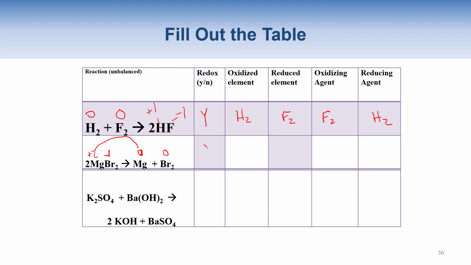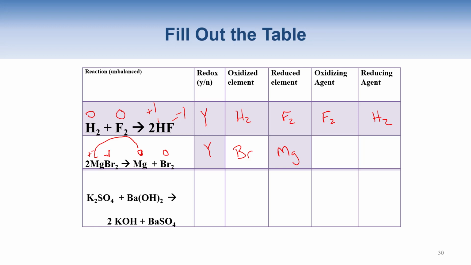So yes, this is redox. Because magnesium went down, magnesium was reduced. Bromine went from -1 up to 0. Because bromine increased its oxidation number, Br is oxidized.